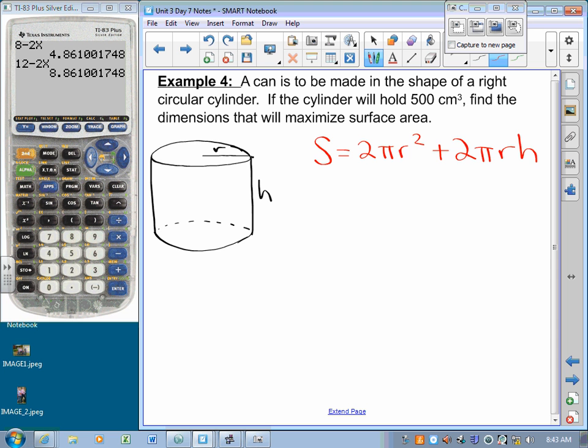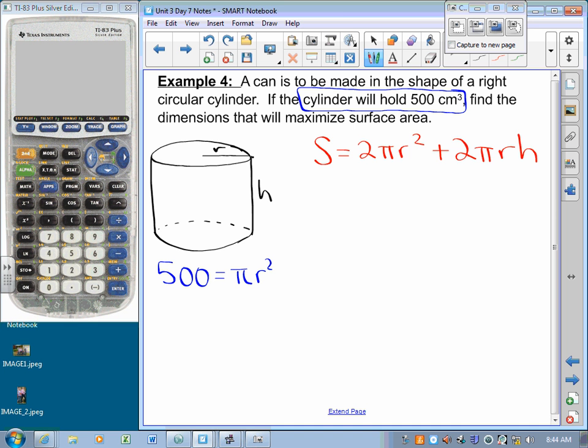The problem is there are two variables in that equation, and I really want to take a derivative with just one. So it would be nice if there was some other piece of information that would help me solve for one in terms of the other. What do I need to know? I need to know that the volume of the cylinder, which is pi r squared times the height, is equal to 500.